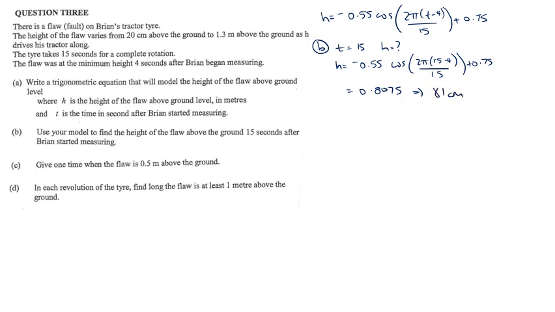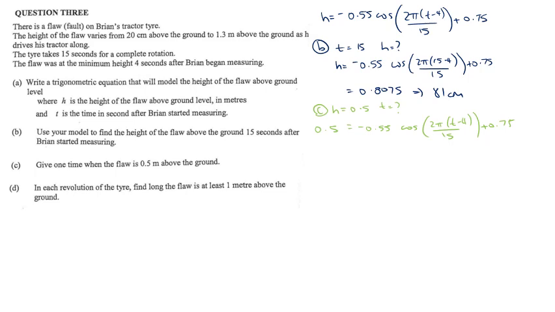So 2 significant figures. The next one: give one time when the floor is 0.5 meters above the ground. So this one's a little bit trickier. This one is saying h is 0.5. Let's find t. So I'm going to put 0.5 in there, equals negative 0.55 cosine 2 pi (t minus 4) over 15 plus 0.75.